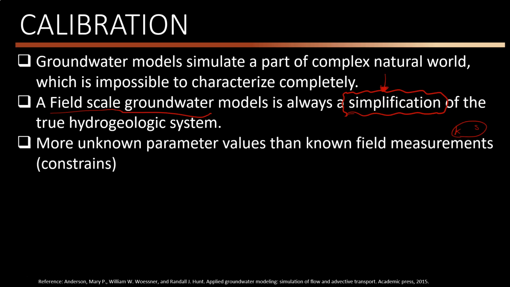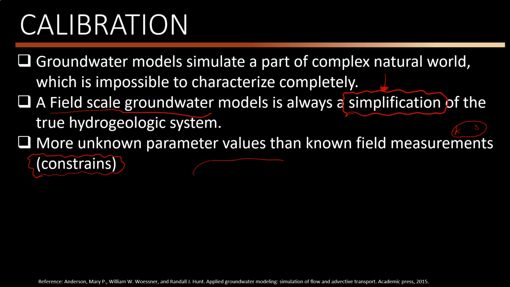In the field situation, I may say that we always have more unknown parameter values than known field measurements. The measurements that we have are mathematically our constraints, and you will see later what I mean by constraints.